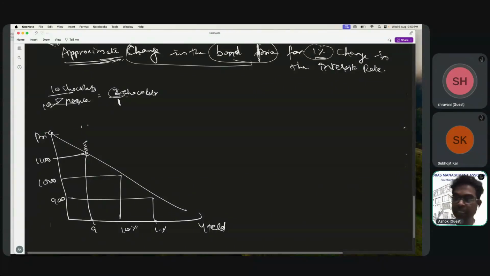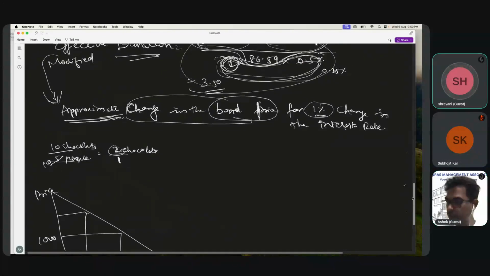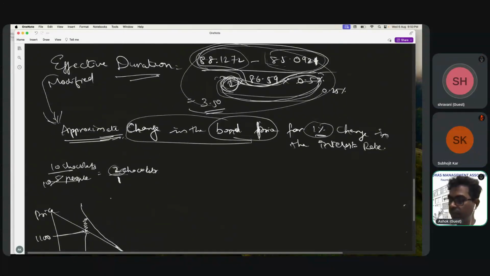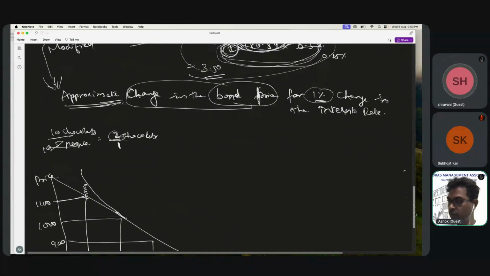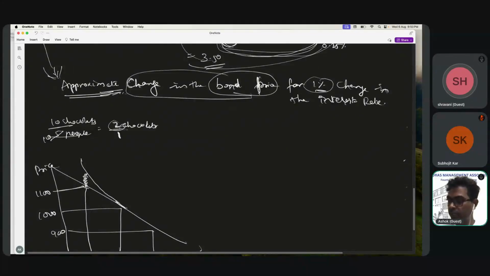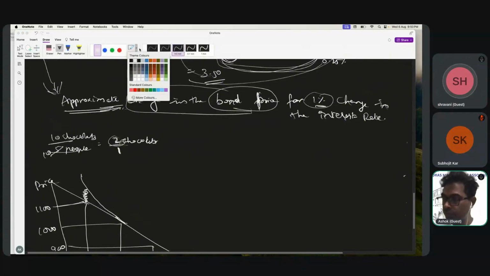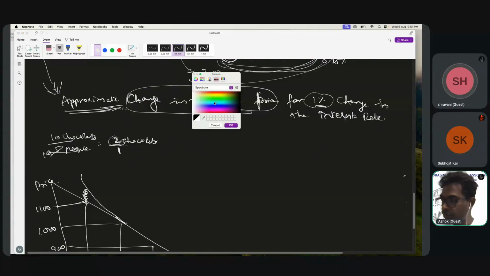Remember we did this in convexity. It does not capture the convexity effect. It is just linearly giving me the value. So there is another formula for convexity.